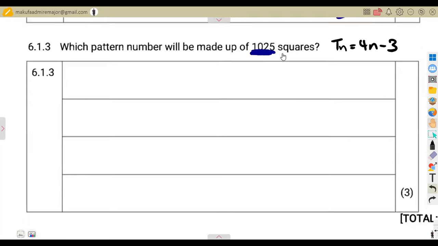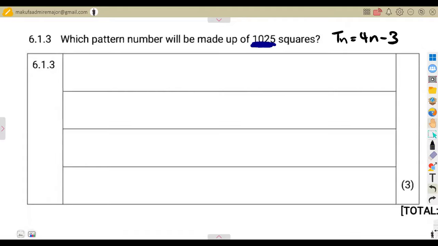So they gave us this time the number of squares. So it means they gave us Tn. Tn is equal to 1,025. You are given Tn, the number of squares. So the question is, what is n? Which pattern? The pattern number, it's n. That's your pattern number. What is n?